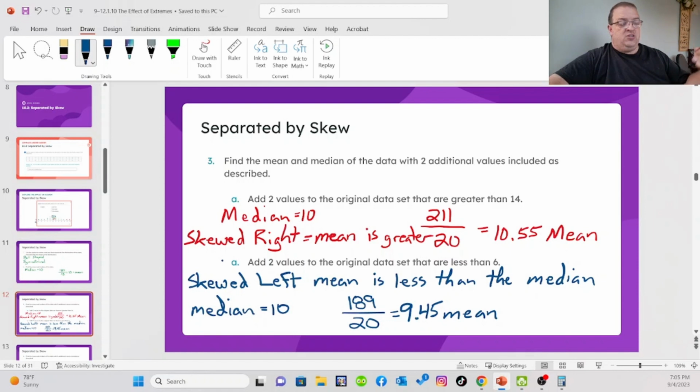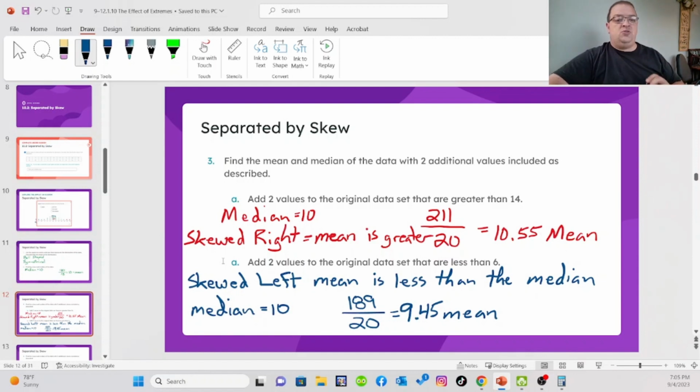So if your tail is to the left, then your mean is going to follow that tail to the left, and it's going to be less than your median. If you have skewed right data, because you have a tail to the right, your mean is going to follow that tail, and your mean is going to get larger than your median.